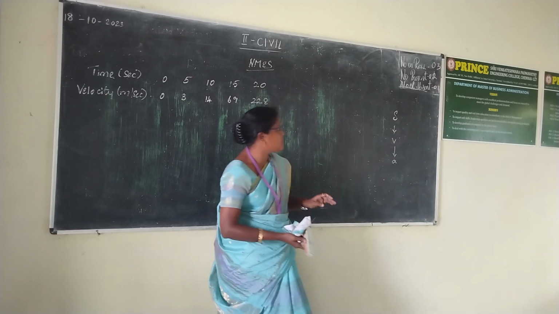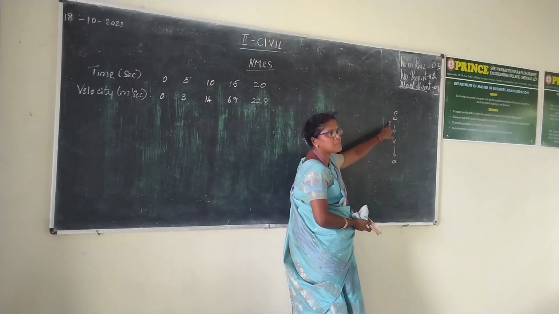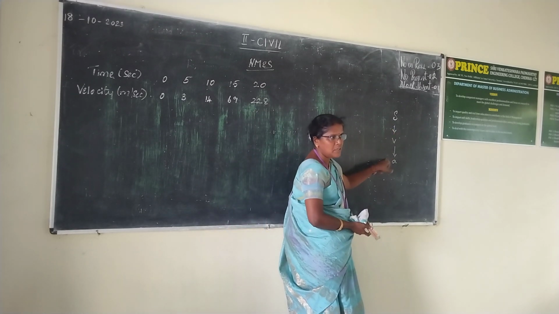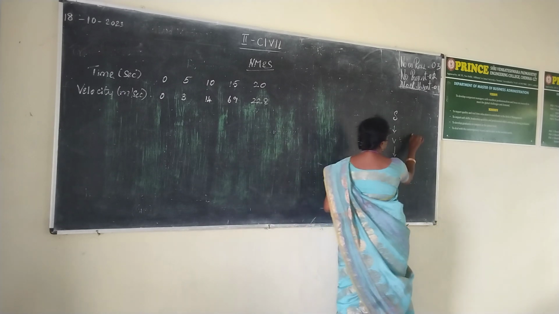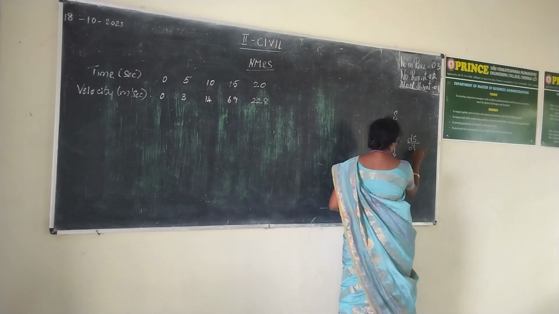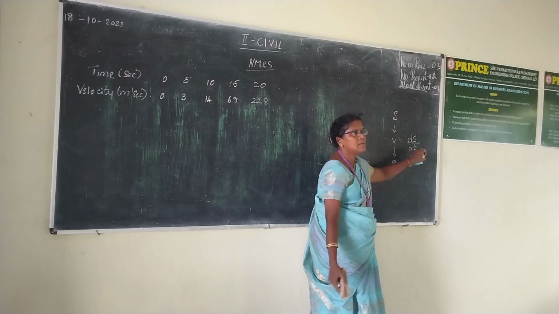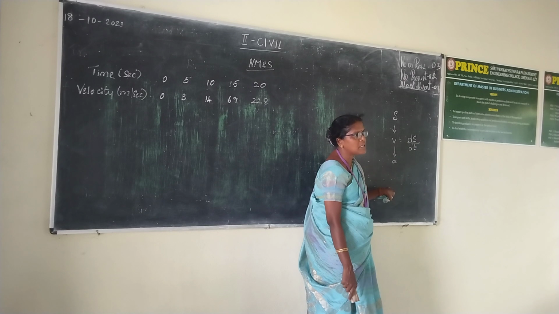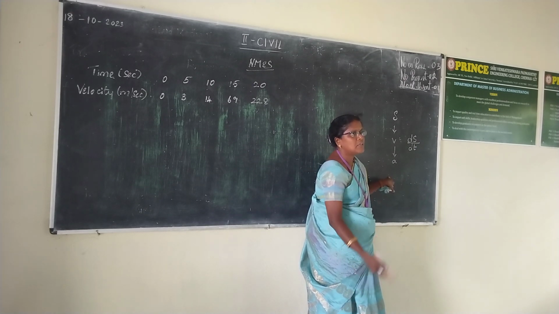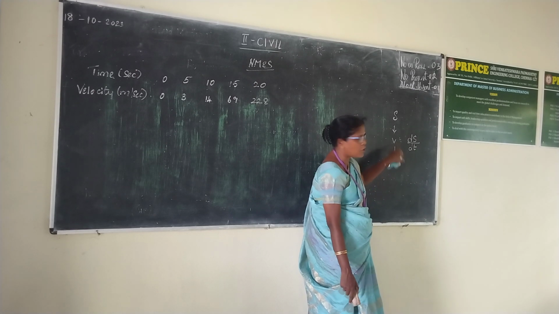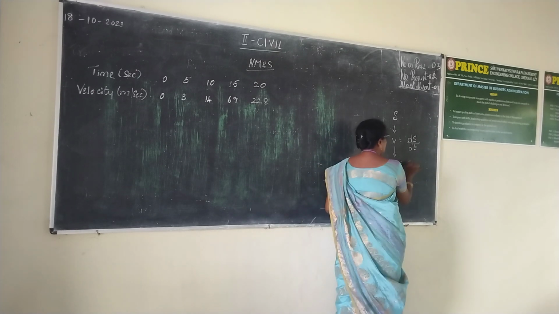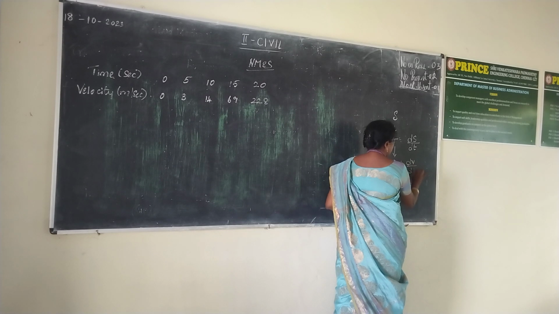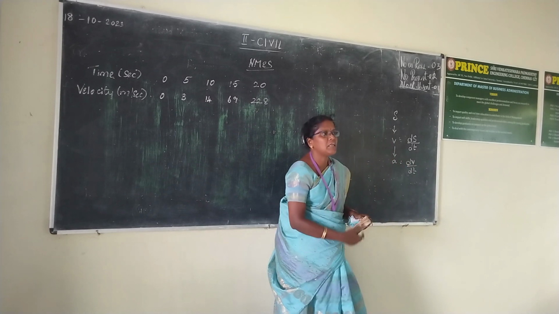So what is the definition? The rate of change of displacement will give you the velocity, so velocity can be defined as ds by dt. We have to differentiate the displacement, then you will get the corresponding velocity. What is acceleration? The rate of change of velocity. So acceleration A is nothing but dv by dt.